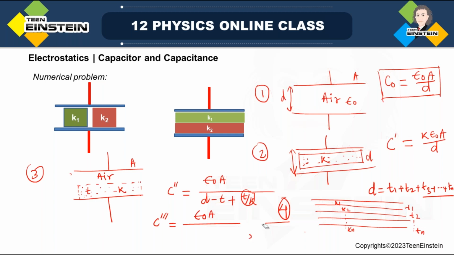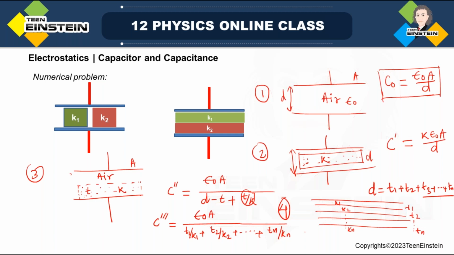So what is that term? It will be only T1 by K1 plus T2 by K2 plus dot dot, it goes up to Tn by Kn. So this is actually the thing we had already discussed.